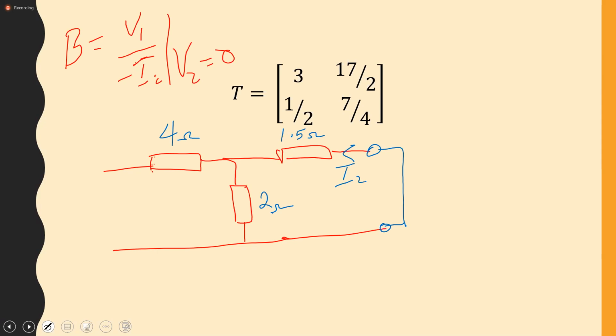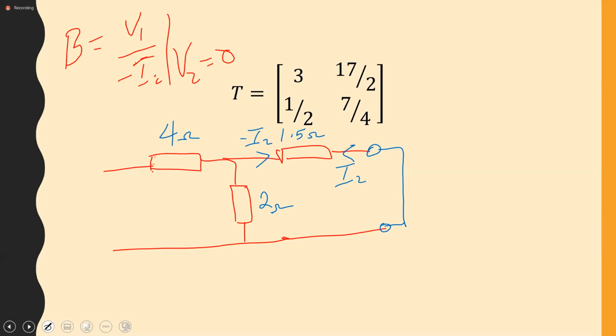From left to right. So that means that I2 is going there. Minus I2 is going there, right? So what are you interested in finding? Minus I2, where is it flowing? Through the 1.5. Beautiful. Next question.